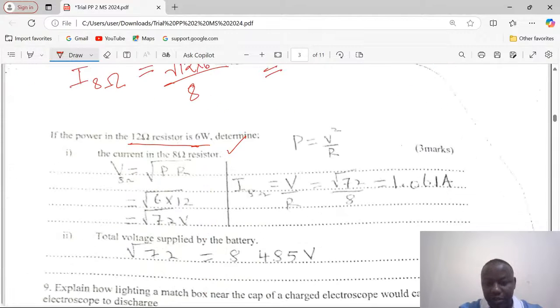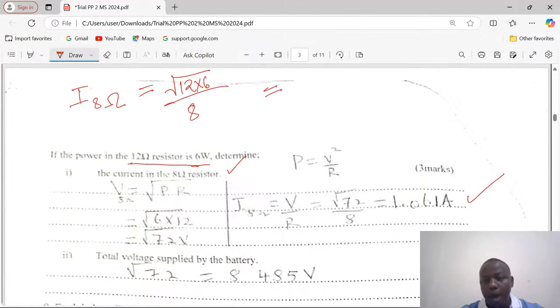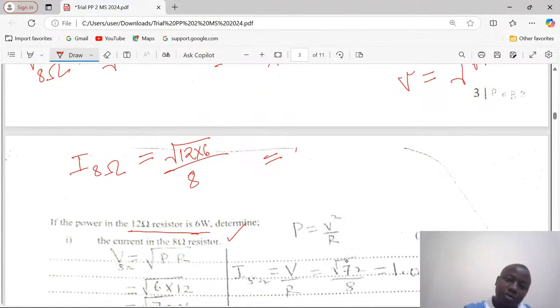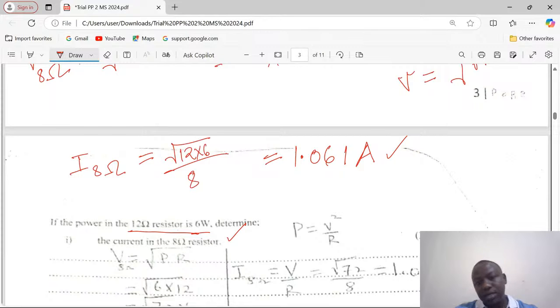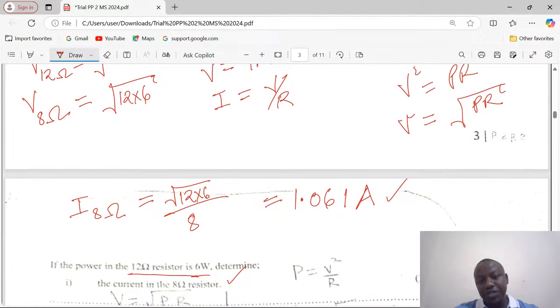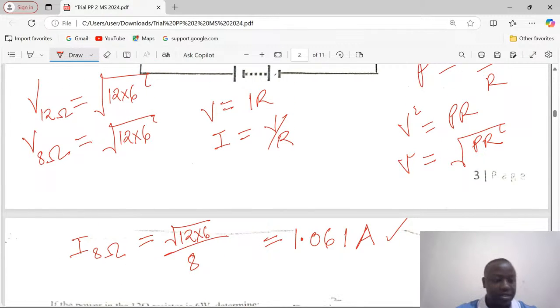And this is going to give us a value equivalent to 1.061 amperes.